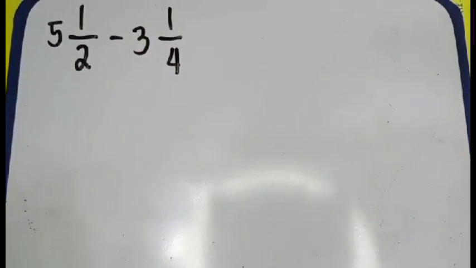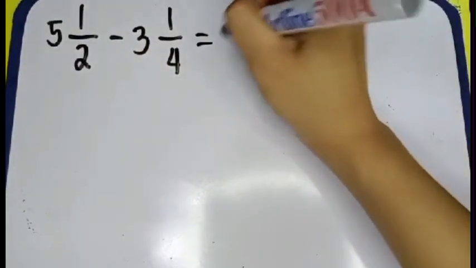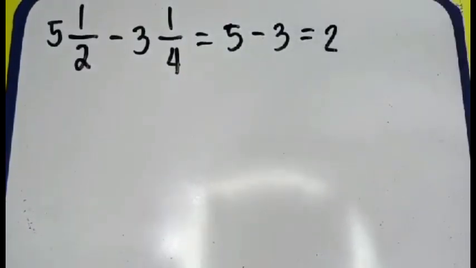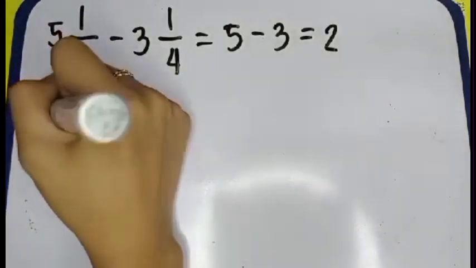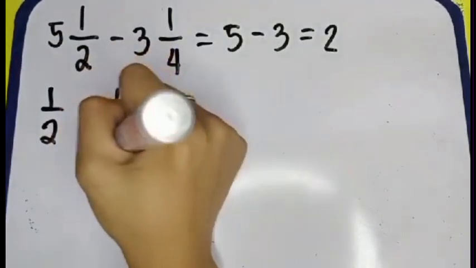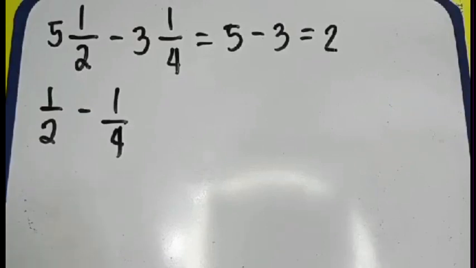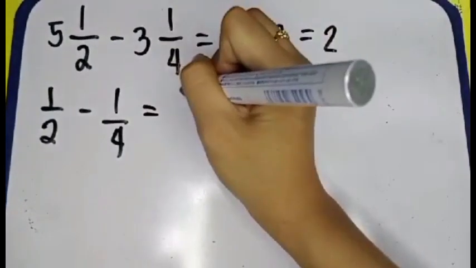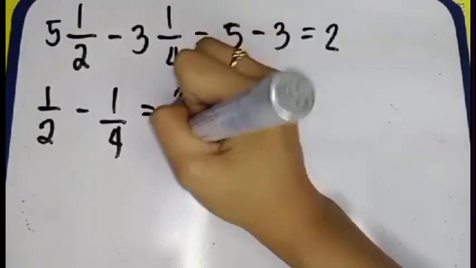Let's subtract first the whole numbers, which is 5 minus 3. 5 minus 3 is equal to 2. Then next, we subtract the fractions, which is 1/2 minus 1/4. They also do not have the same denominator, so let's first find the LCM. The LCM of 2 and 4 is also 4. So, 1/2 we multiplied by 2, and that will be 2/4.